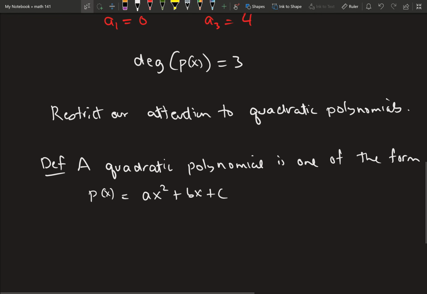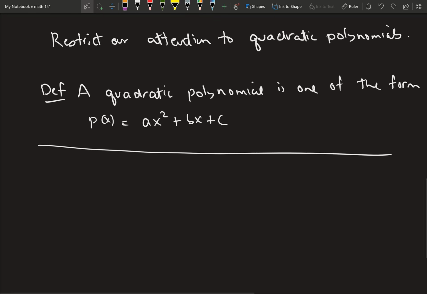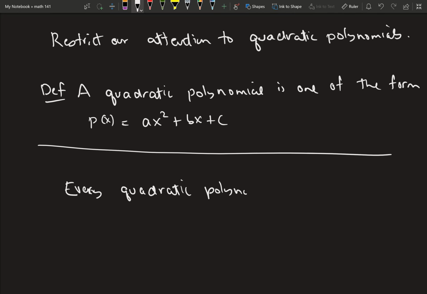So you probably would have seen this in some previous algebra course. And it's going to turn out, and we'll see how a little bit later, that every quadratic polynomial can be put into what's called vertex form.